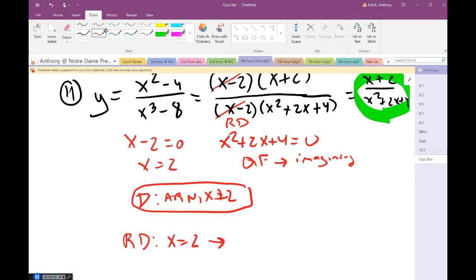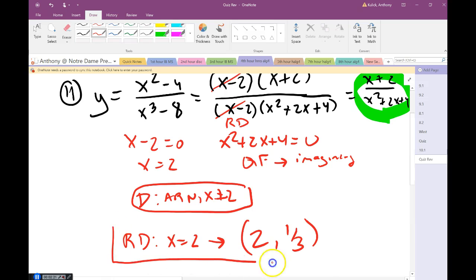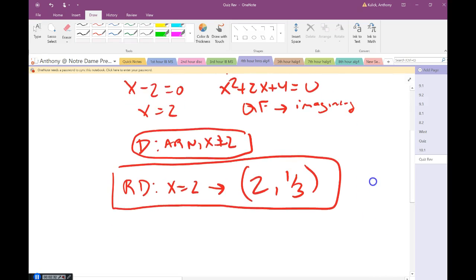So I have 4 on top and 12 on bottom. So that's 1/3. And since there's the denominator here, when I set it equal to 0 and solve, again, I get an imaginary solution, so there's no vertical asymptote. There's just that.